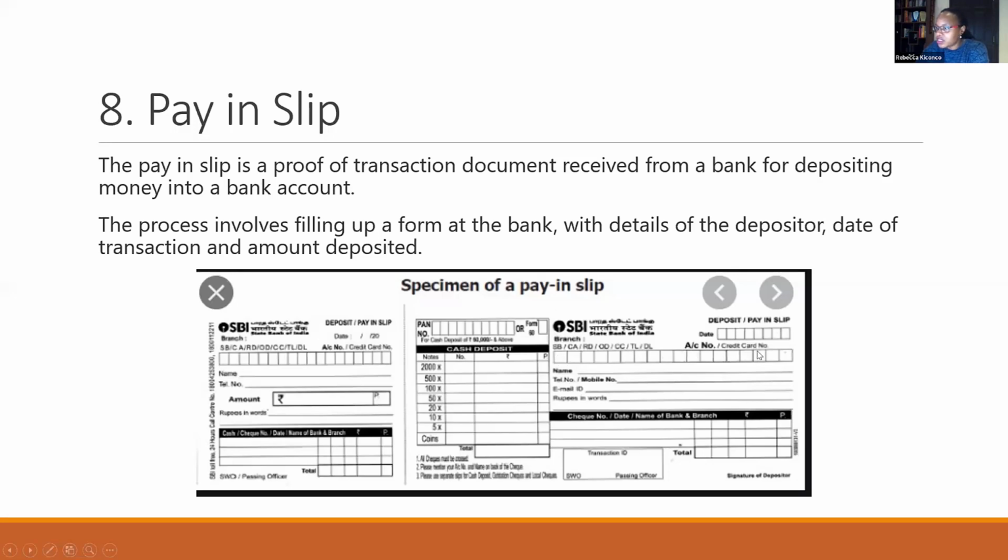This is also the account number, the name of the account, the mobile phone, the email, the amount in words. If it's a check, you put the check number here, and the bank where the check is coming from, and how much is on the check total, and then the signature of the depositor.